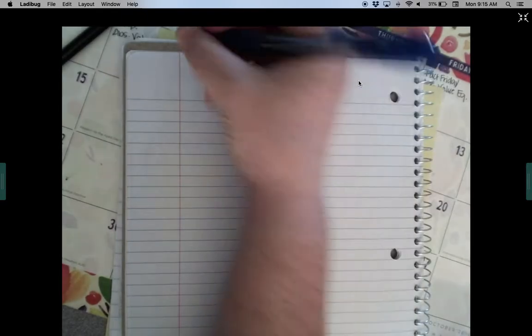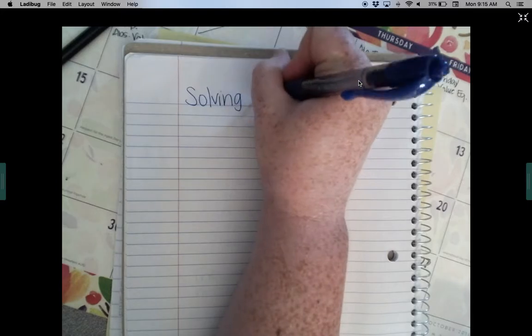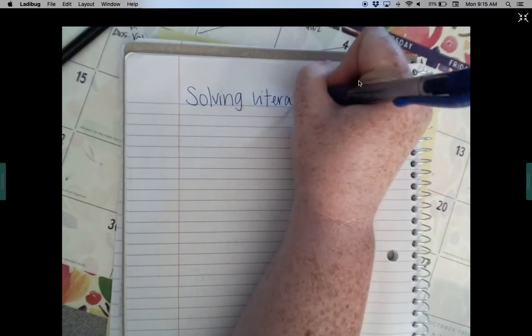Okay, at the top of your paper, write solving literal equations.